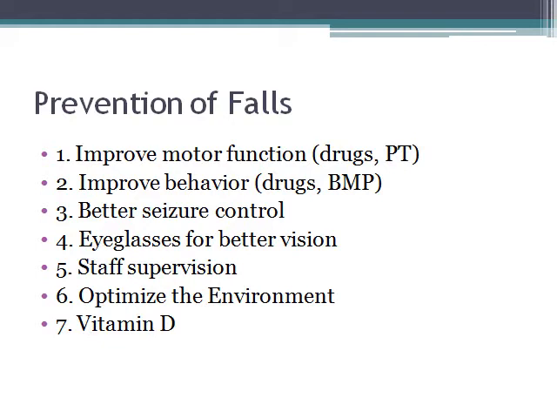Secondly, consider the behavior. A person with severe impulsive behavior is at greater risk for falling, and drugs can help with that situation. But on the other hand, there are some drugs that have behavioral consequences. There's some anti-epileptic medication and psychotropic drugs that can worsen behavior. So consider the drugs.